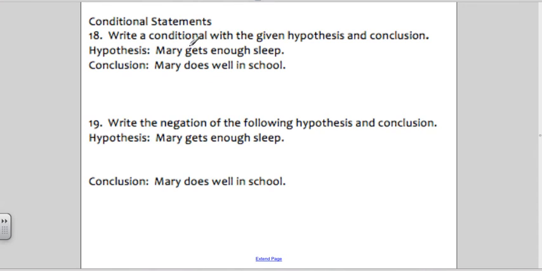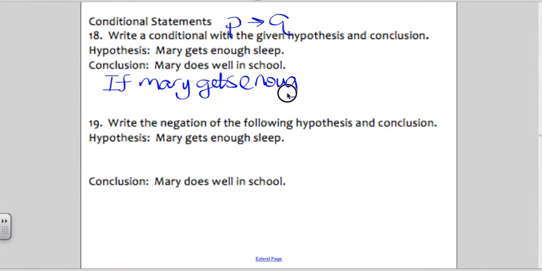So remember, a conditional is just P implies Q, or if P then Q. So I'll have if Mary gets enough sleep, then Mary does well in school.